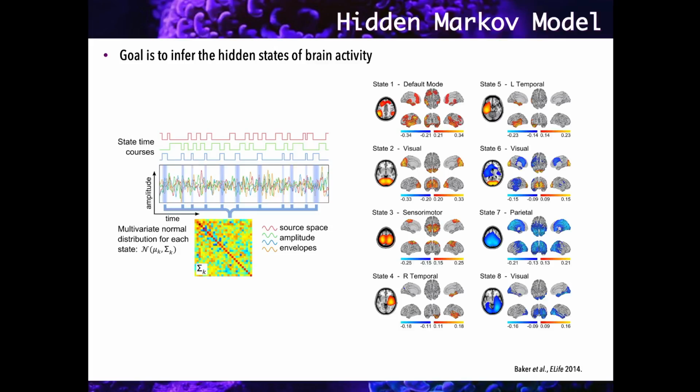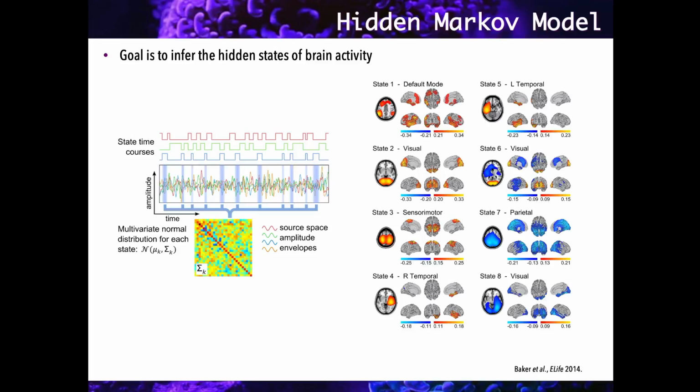So, for example, in this paper from Baker et al., in 2014, they used a Markov model to uncover a number of hidden states of brain activity from MEG resting state data.